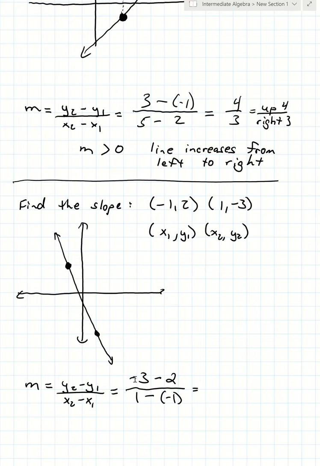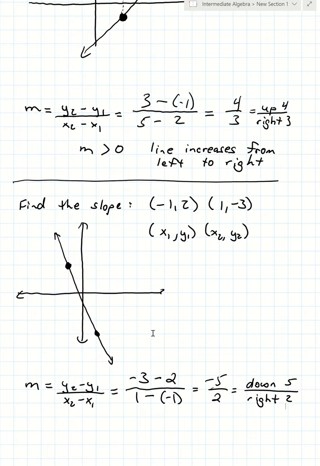Simplifying what we can, -3 minus 2 is -5. 1 minus the -1 is a positive 2. So now we have a slope of -5 over 2. In terms of movement and direction, I would have to go down 5, and I'd have to move to the right 2. And let's see if that in fact is true.